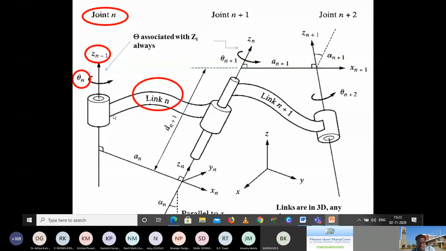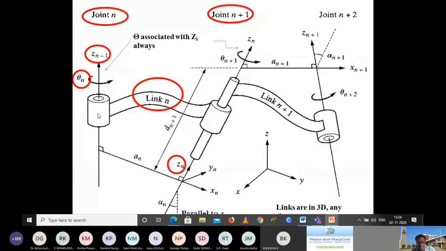After that, that particular joint is coupled along with link n, along with another joint, that is joint n plus 1. Again we are going to see the same thing, how this z n axis plays a role. This z n axis is along this line. One more thing: it is in space, so you may get confused.